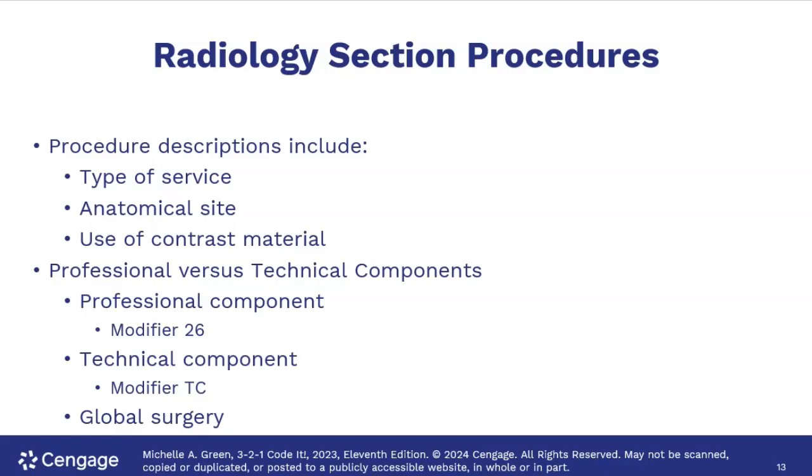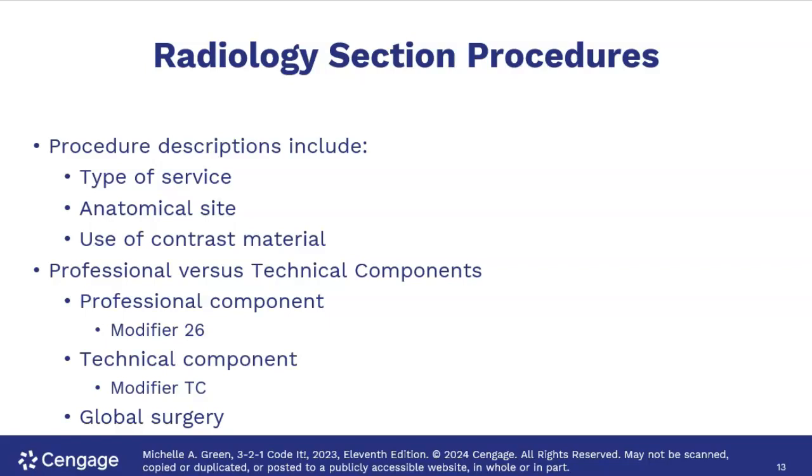The professional component, which is going to be modifier 26, that is the physician or radiologist reading that report, interpreting that report. Where the technical component, that is going to be the facility actually doing the procedure itself. All right, so you're going to have two components.